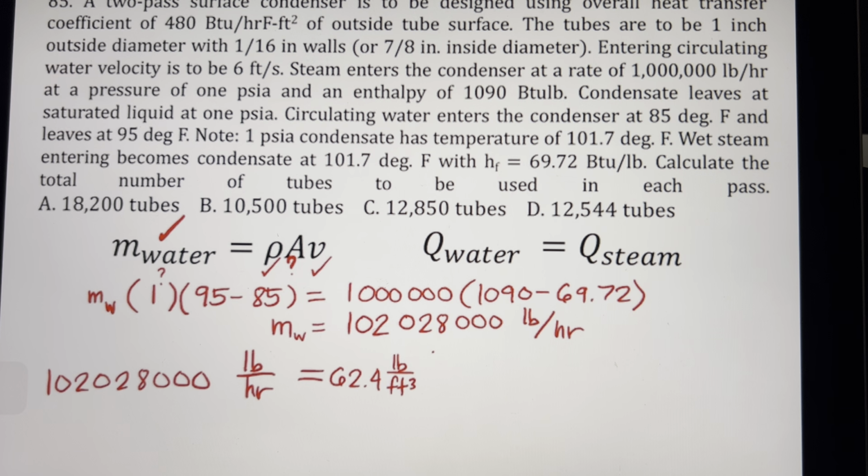Our area is the area of each tube at the inside, so that will be pi over 4 times inside diameter squared, which is 7/8 inches. So let's convert that into foot. So that will be 1 foot per 12 inches, squared. That's the cross-section area of each tube. So we must multiply it with the number of tubes, multiplied by the water velocity, which is 6 feet per second.